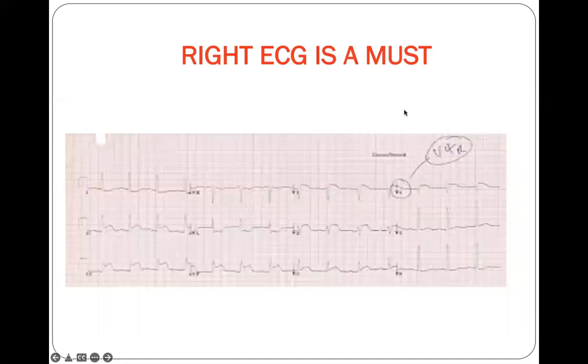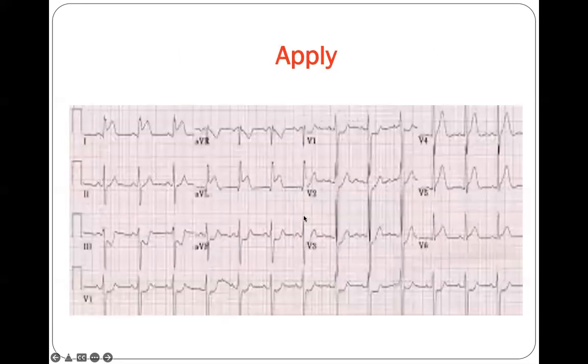And as we mentioned, when you see an inferior infarction, you should do a right ECG, as we have discussed before, because it's commonly associated to find the inferior myocardial infarction with right ventricular infarction. And here you look at V4R. If it shows ST segment elevation of one small square, it denotes a right infarction.